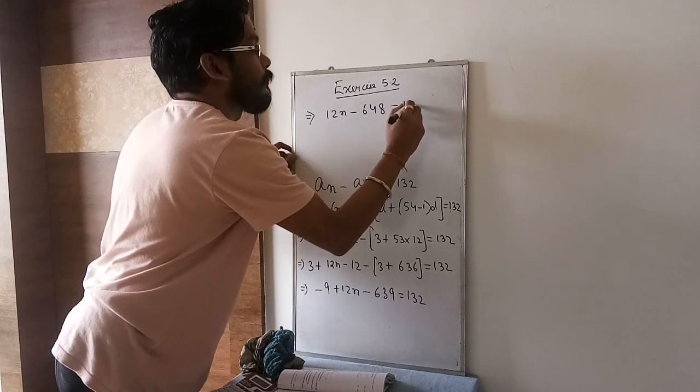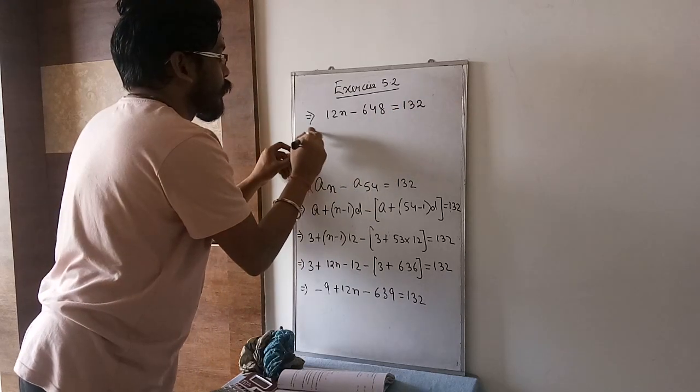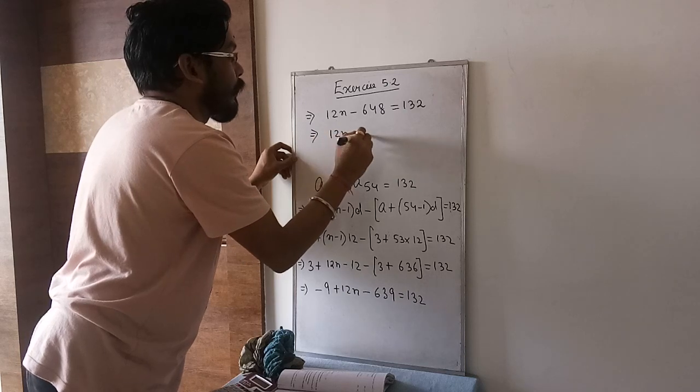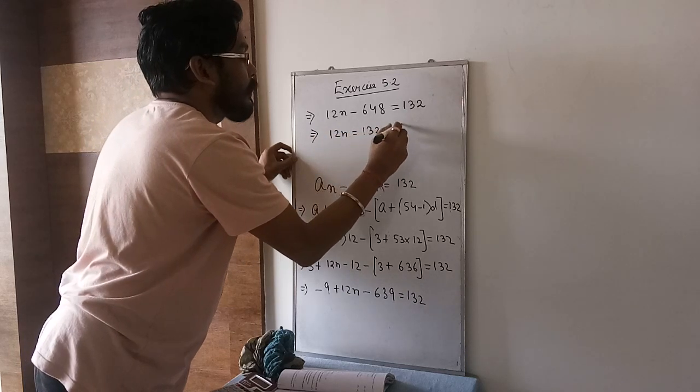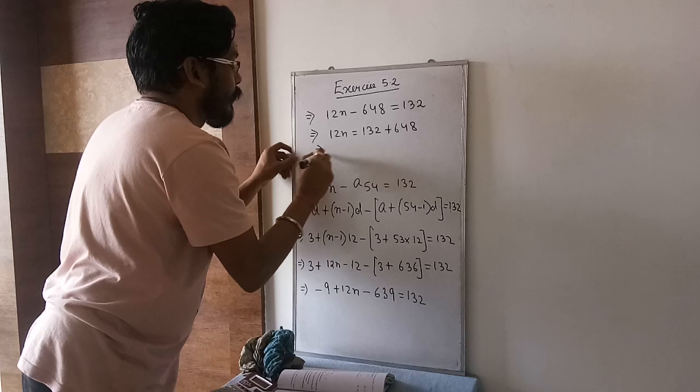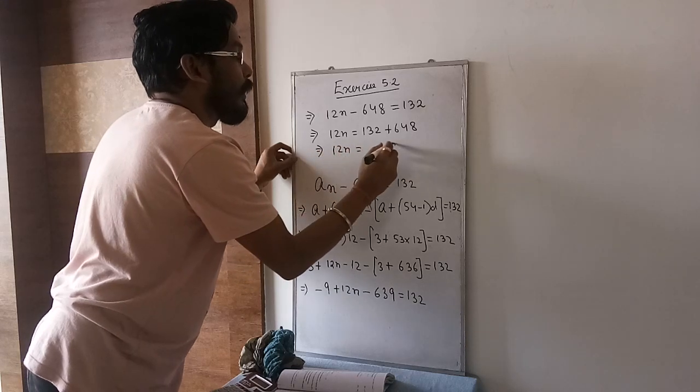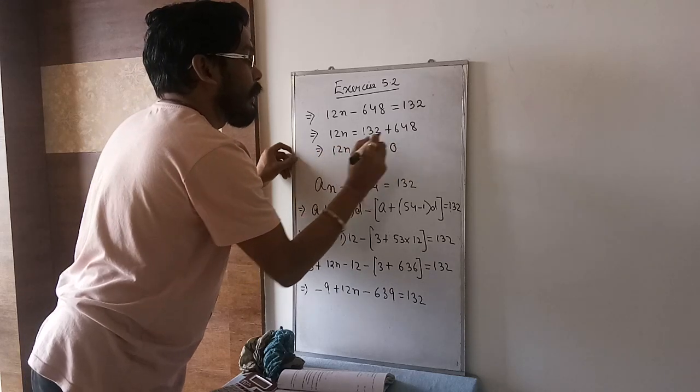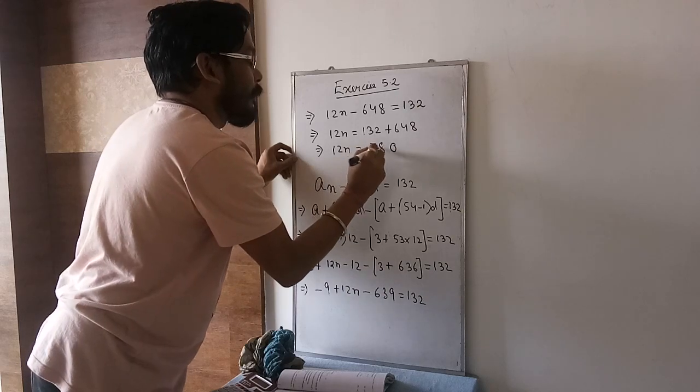So 12n equal to 132 plus 648, so 12n equal to 780.